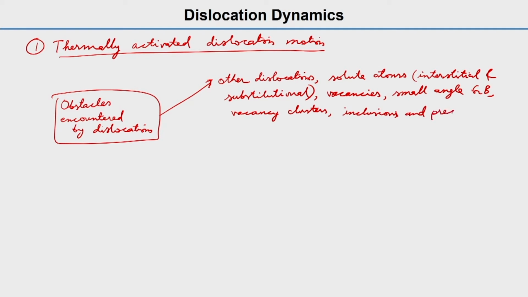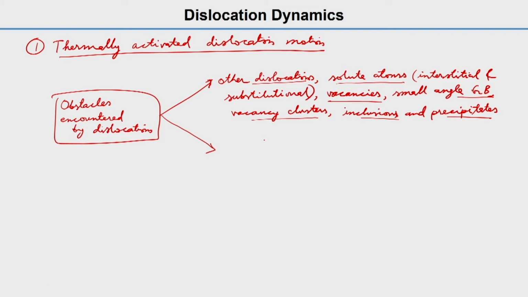These are 3-dimensional defects, that we have discussed earlier. So these are all defects. Here whatever we discussed are all defects. So other dislocations are 1-dimensional defects; solute atoms, vacancies, grain boundaries, vacancy clusters, inclusions, precipitates, they are all defects. But there is another one which we did not discuss earlier.